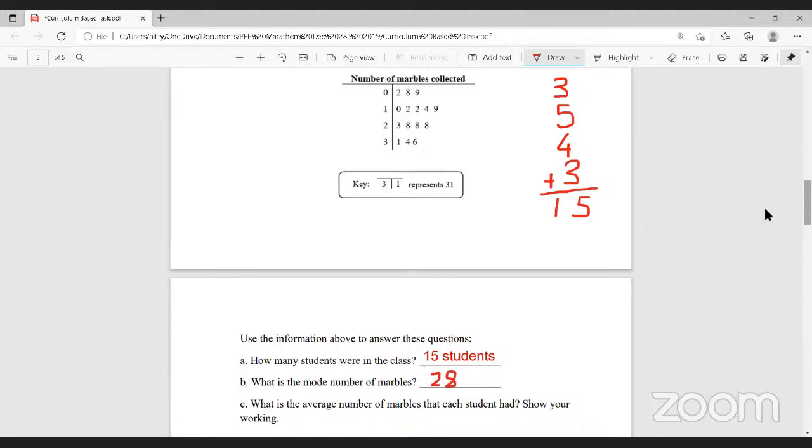So what is the average number of marbles that each student had? Now, if we're thinking about the average number of marbles, what do we need to do to calculate this? This will take some time. Now in finding the average, what do we need to do?